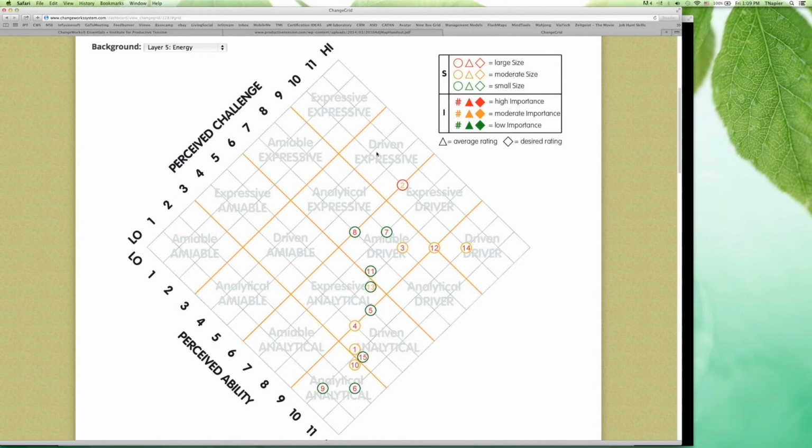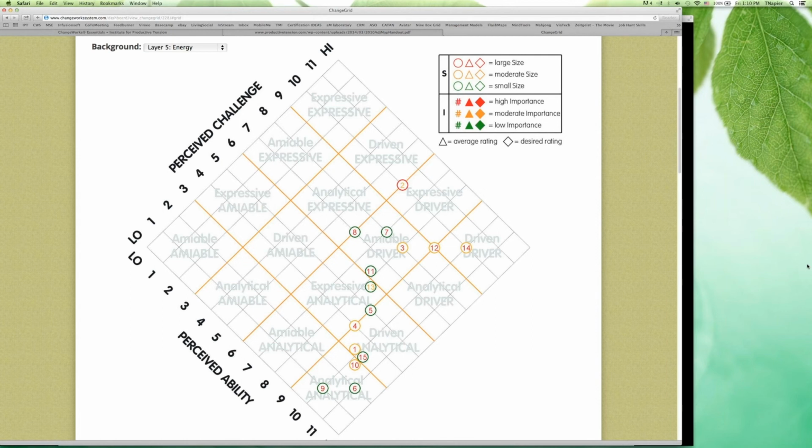Where we've got someone who views themselves as having a lower level of ability, they're going to hold back a little bit. They're going to compensate for that perceived lack of ability by being more expressive, more engaging, more inspiring and motivating, influencing. So a lot more schmooze going on, things like that.